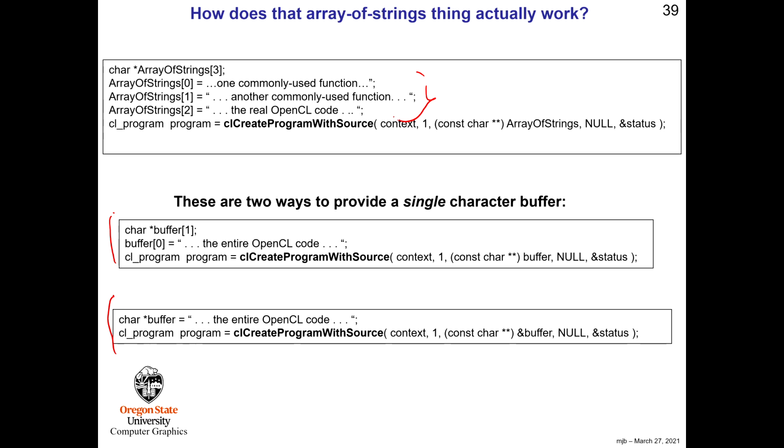So you've got your code in one string and some commonly used functions in another, and maybe you've got some pound defines in another one. That's why they do it this way. Ultimately, it all gets concatenated together before it gets compiled.